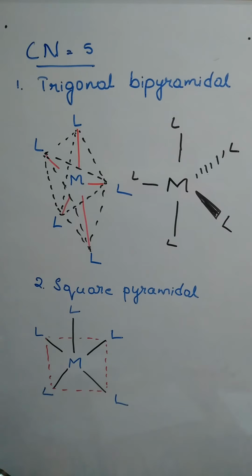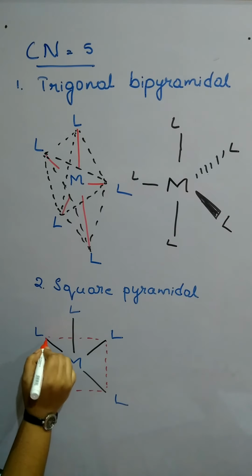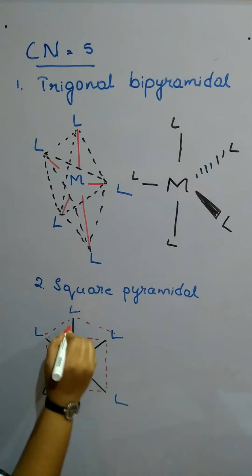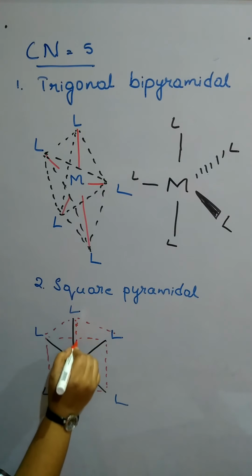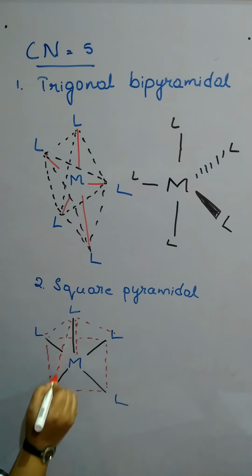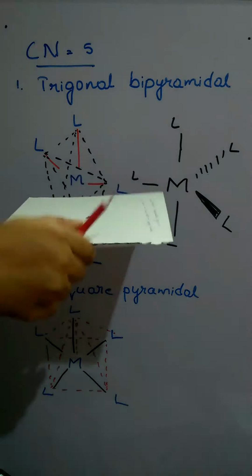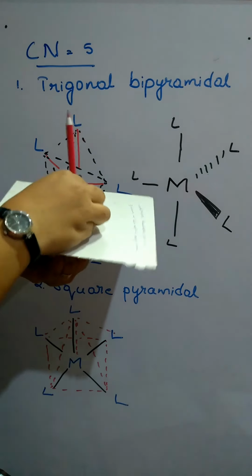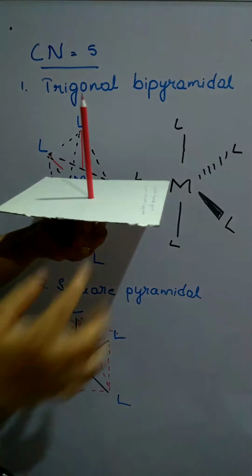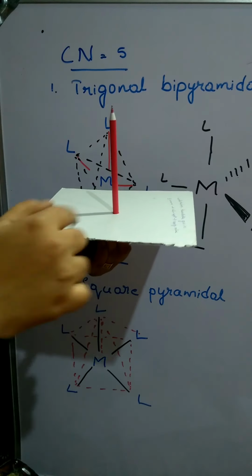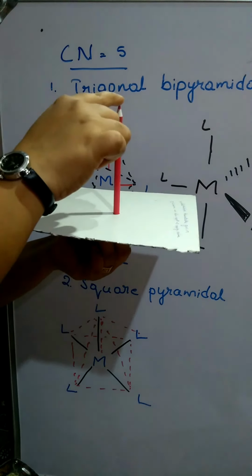The square is the inner plane and one ligand is above the plane. So this is a square and this is above the plane. Four are in the plane and one is above the plane.